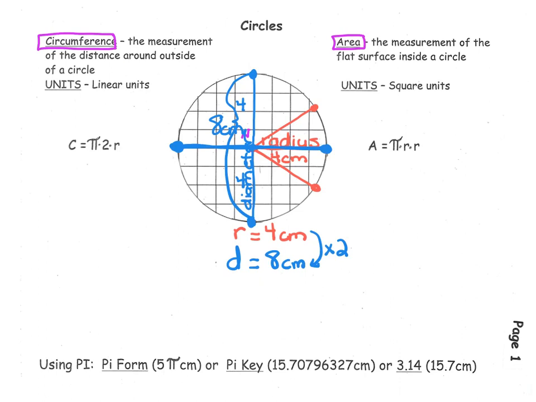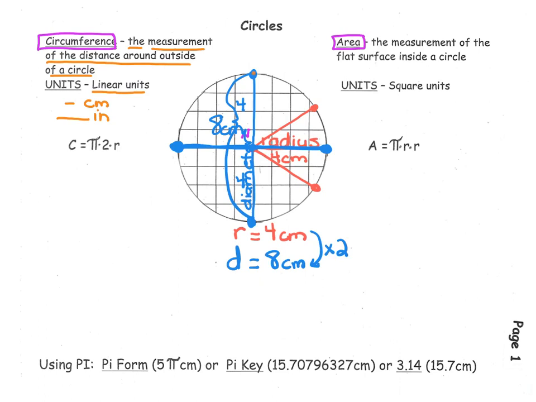Circumference, by definition, is the measurement of the distance around the outside of the circle. And we're going to measure this distance around the outside in linear units. Linear units can be something as small as a centimeter or something larger, like an inch.